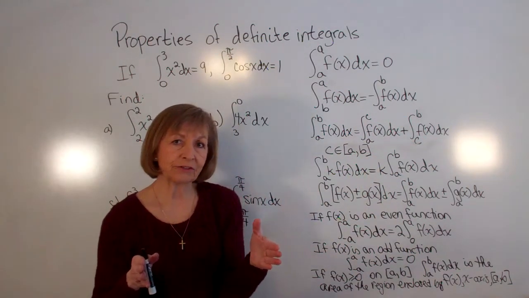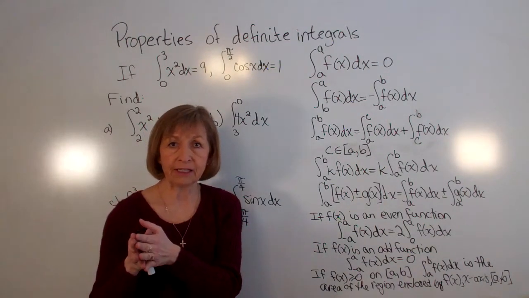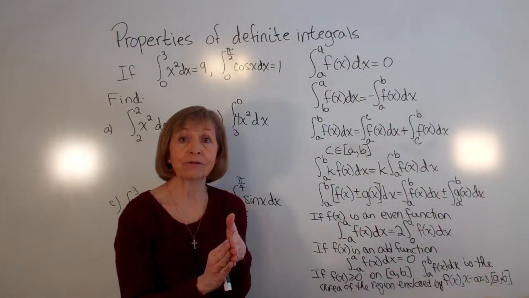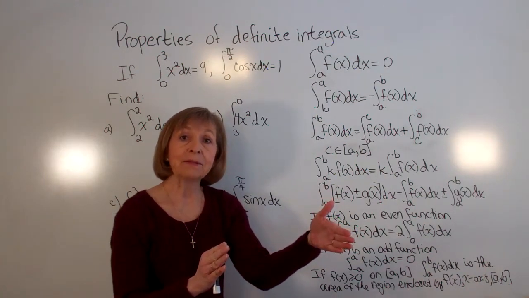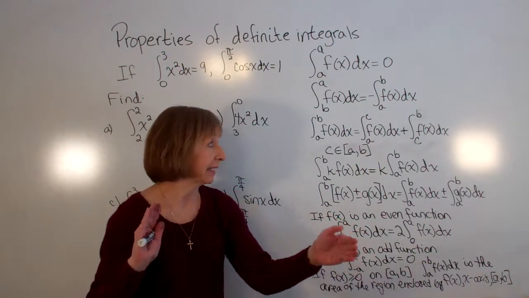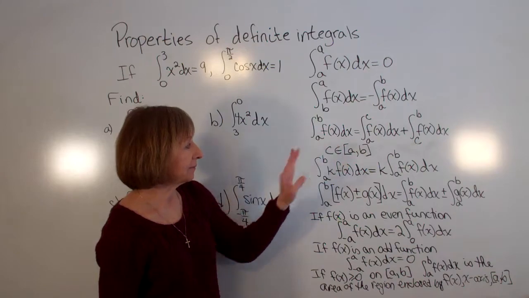So your intervals are additive. You can take your definite integral from a to c and then add to it the definite integral from c to b to be equivalent to the overall definite integral from a to b. And that's what that is telling us.